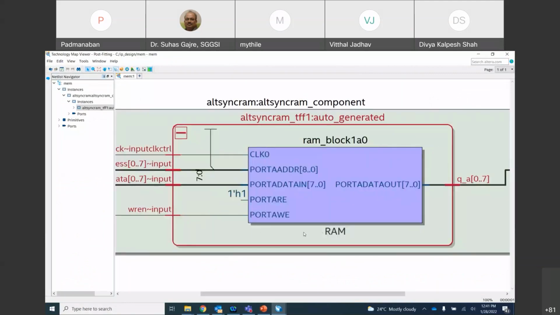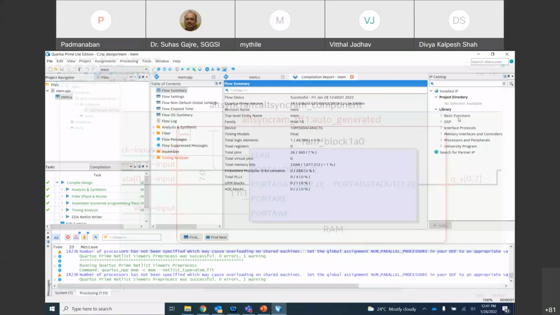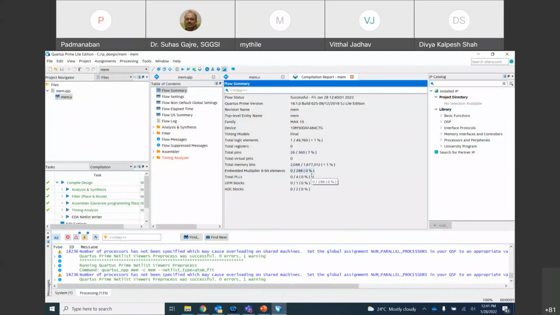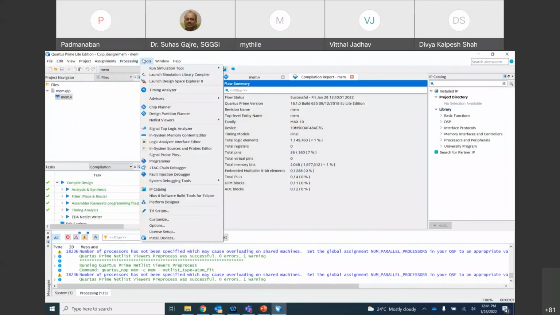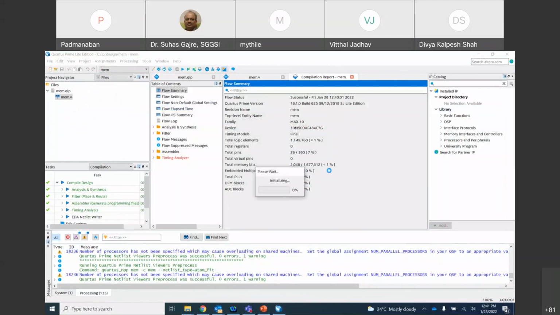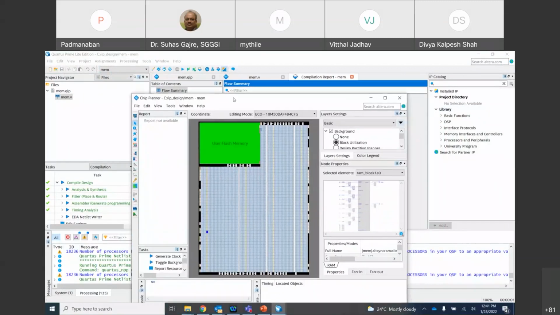So this is the block RAM. Where is this block RAM? You can see that block RAM in the chip planner also. For example, if you go to the logic, you can see it. So take the chip planner from here. So this is the block RAM.